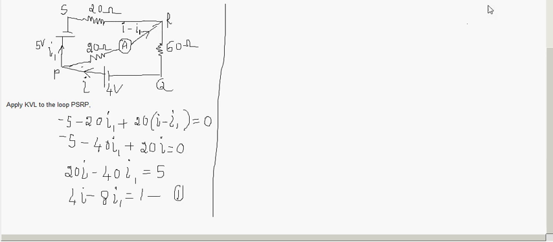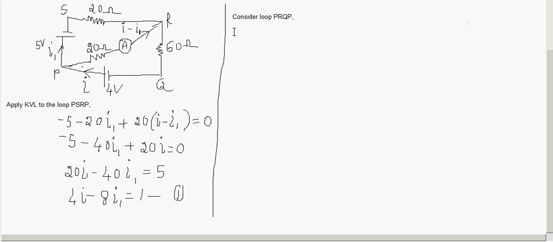Now consider another loop and apply KVL. Consider loop PRQP. We have 20 ohm, so let's go in the clockwise direction.